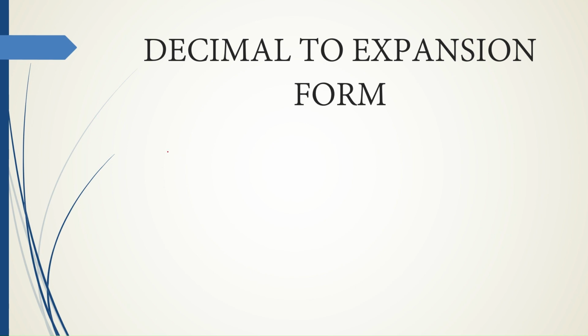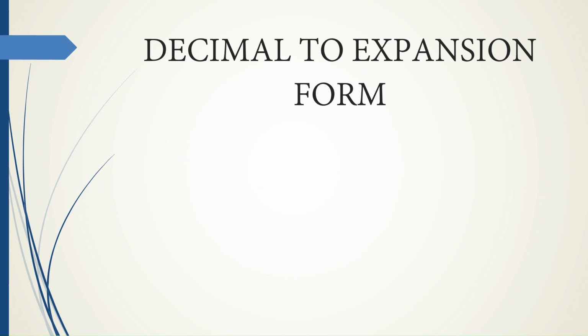Consider another value, 2.5. For writing this, the first thing is 2 into 1 plus, after the point comes the tenths position, that is 5 into 1 upon 10. This is nothing but 2 plus 5 upon 10. This is the expansion form.